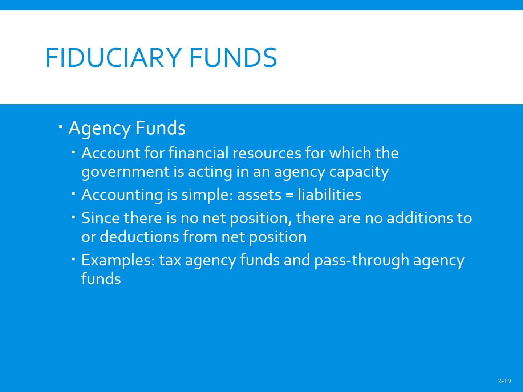Fiduciary funds, these are agency funds. These account for financial resources where the government is strictly acting in an agency capacity. It's holding money. As it says, the accounting is simple: assets equal liabilities. There's no net position, which means there are no additions or deductions from net position. There are tax agency funds and pass-through agency funds.